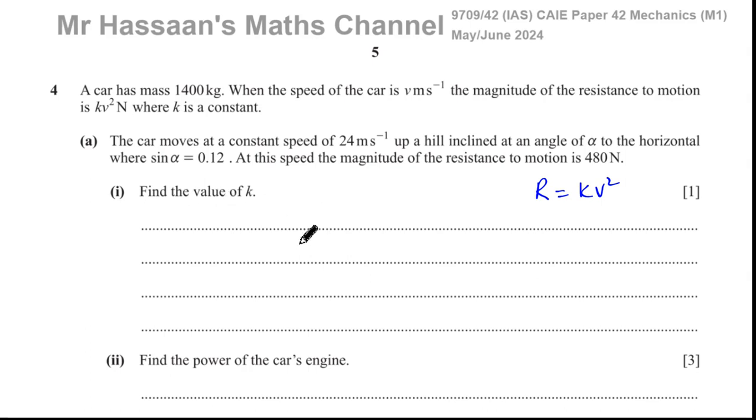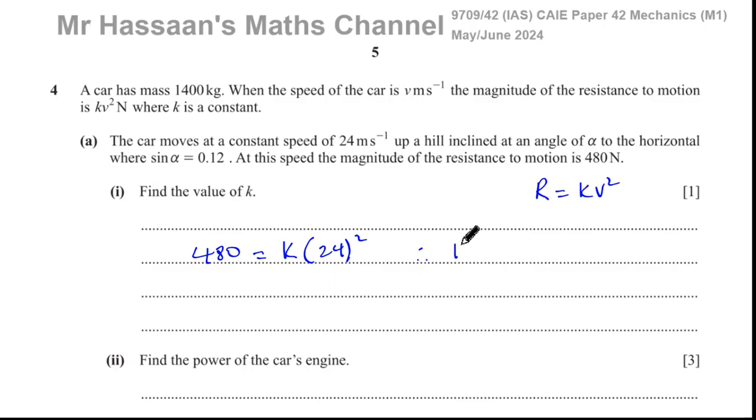Okay, so basically, we know that the resistance to motion is 480, and we don't know k, we have to find it, and we know it's going at a constant speed of 24, so this is going to be k times 24 squared. So R equals k times v squared.